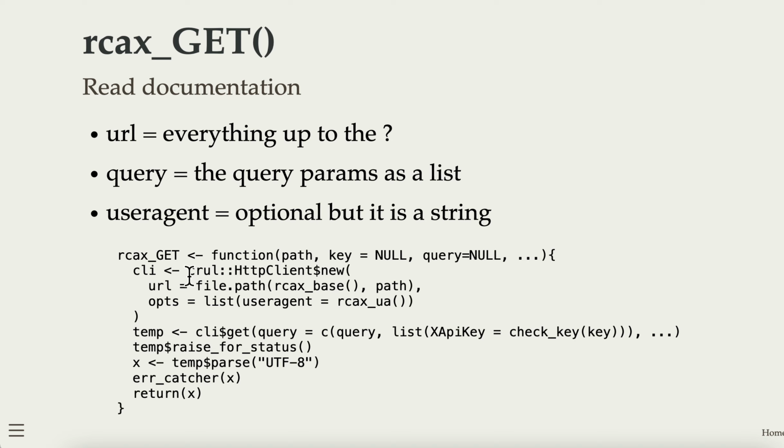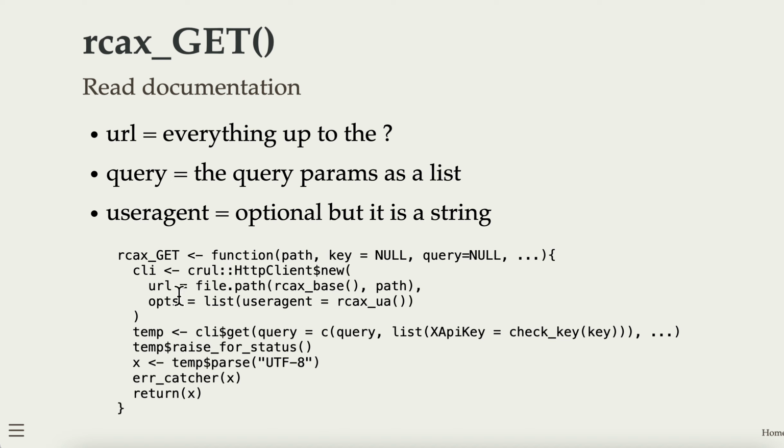It's using this package to do the GET. I can't tell you why rredlist did that, but this is a really recent one, and rOpenSci makes really good R packages. So I figured they know what they're doing, and I'm just going to do things the way they did.